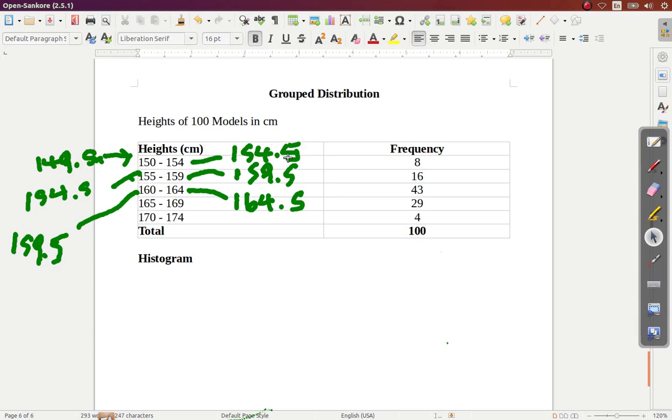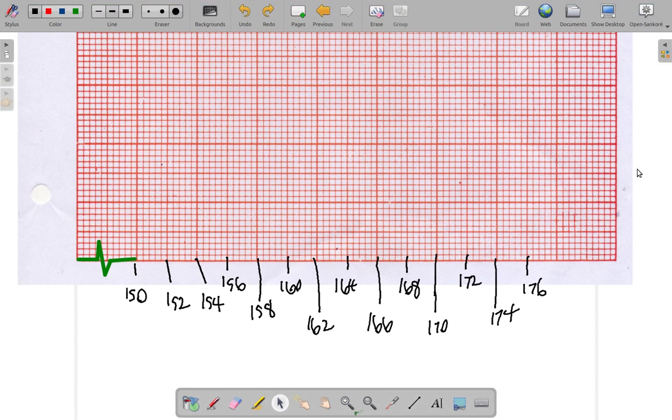the first class is 150 to 154, but before you round it off to the nearest centimeter, it could have been as low as 149.5. So let's look at that. 149.5, where would that be? If you imagine that a number was here before 150, it would be 149, then 148, because we're using 1 centimeter to 2 units.